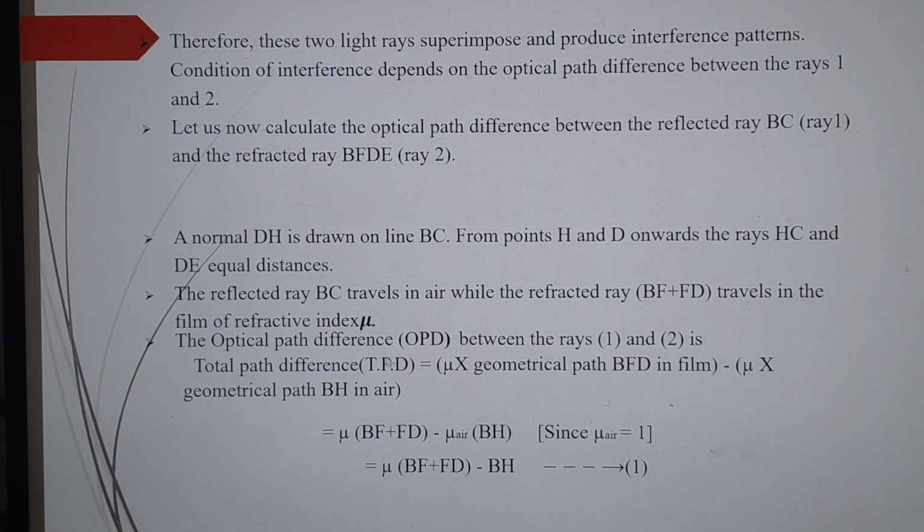Here it is the total path difference of the two rays, that is the geometrical path BFD in the film minus the geometrical path BC in air, between the glass plate and the outer medium, air.